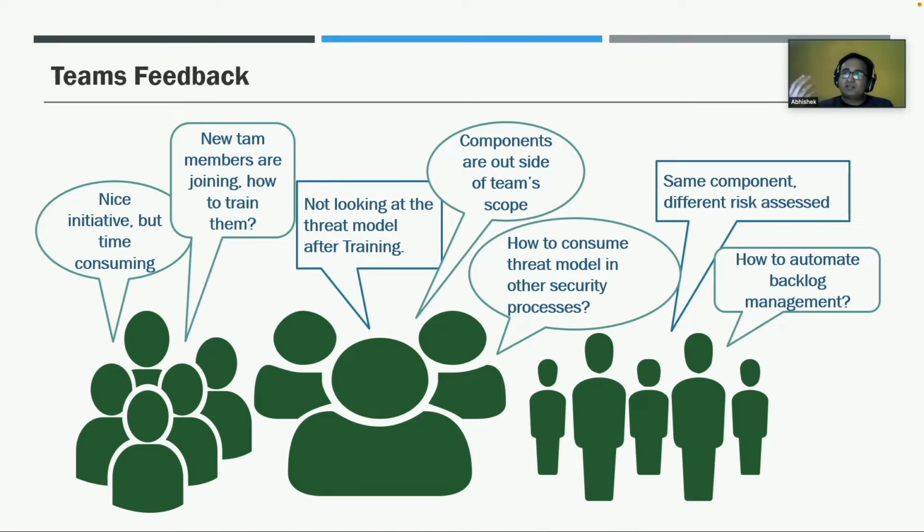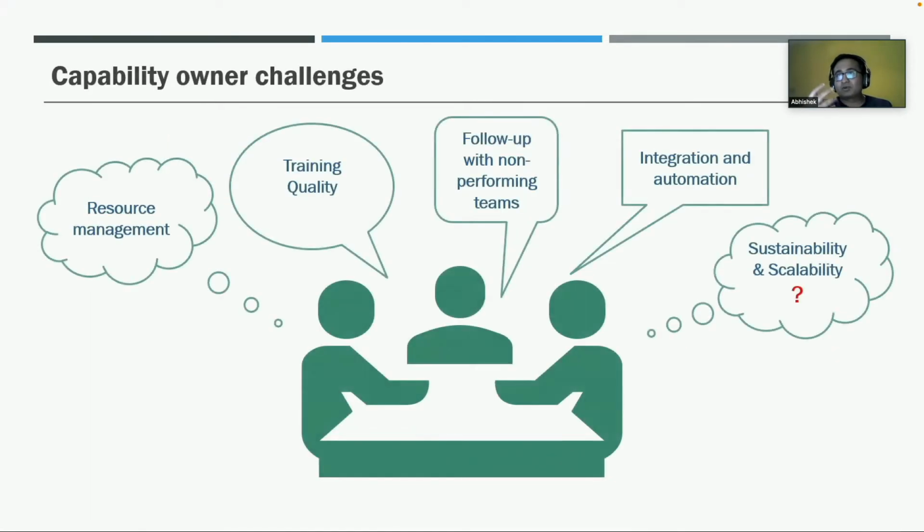So having this feedback from the teams, we also did some brainstorming as capability owners, and we also found our own challenges. Resource management. Finding a good trainer is not an easy job, right? And our approach was very resource intensive.